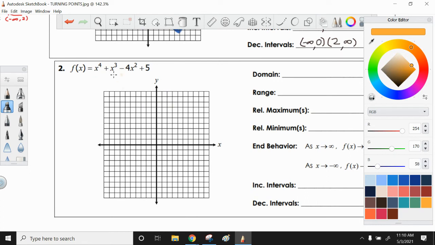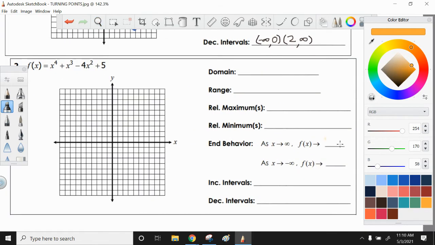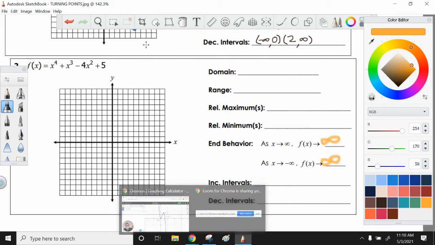Number 4, I have no idea how this looks. I do know that it is a positive even function. So if I wanted, I could already do this. Infinity, infinity, right? Positive even means up, up. The rest of it, though, let's just see how it looks, okay? I want to be extra careful typing this in.